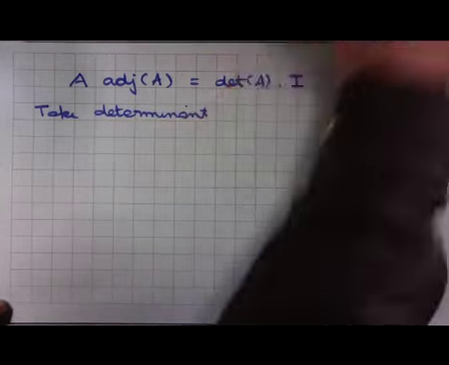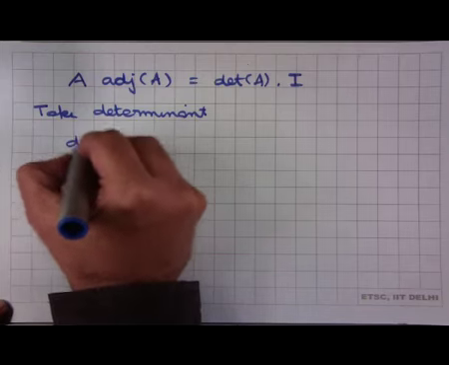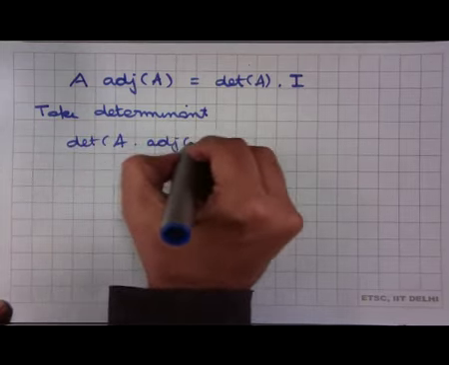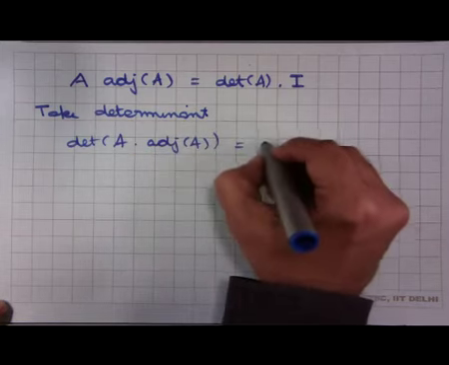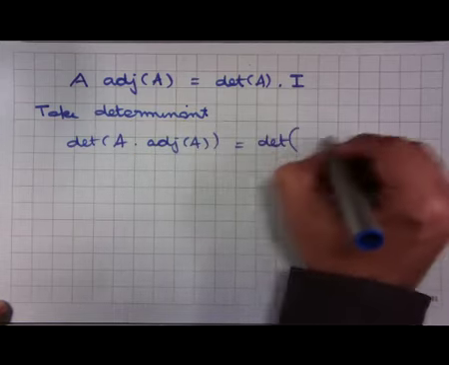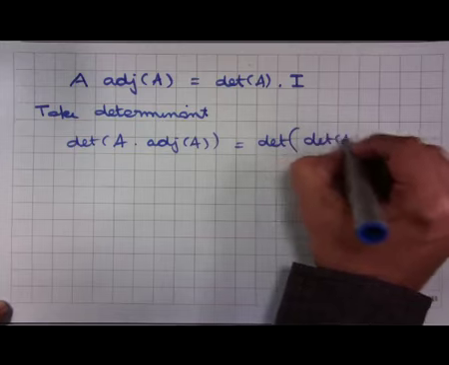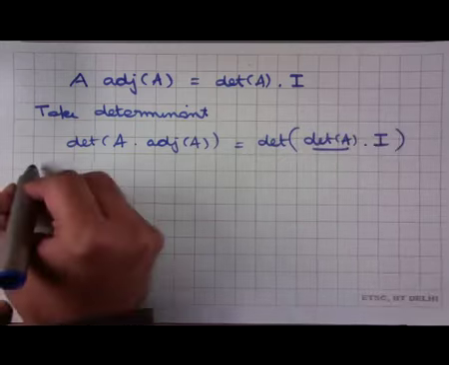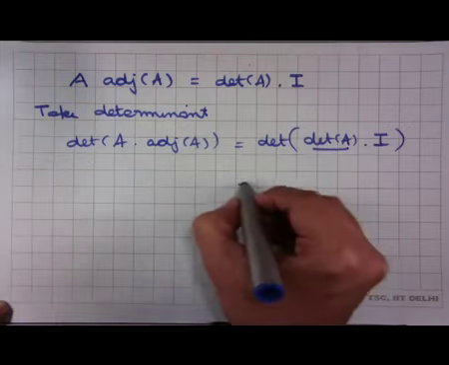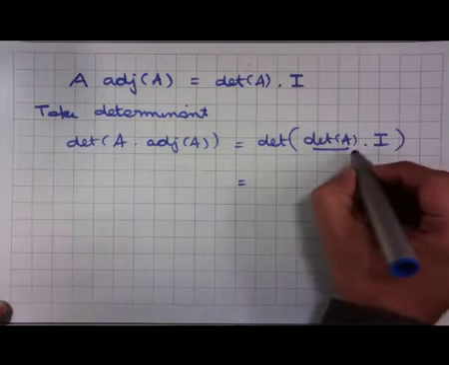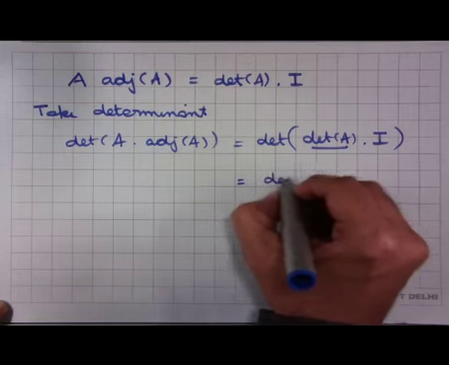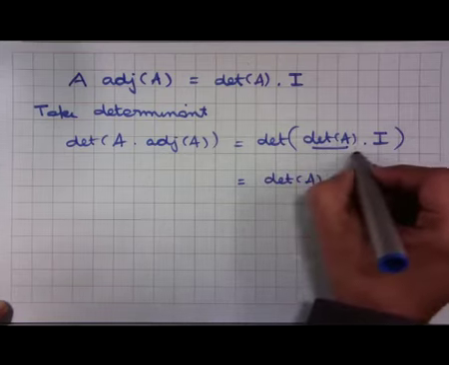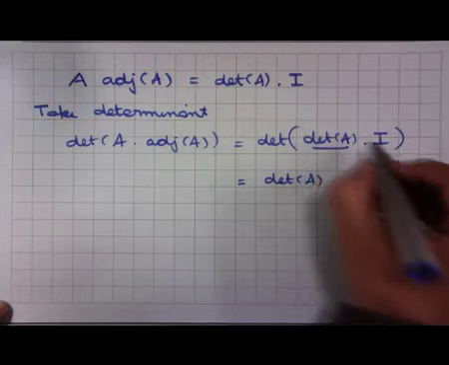The determinant of A times adjoint of A is going to be the determinant of A, which remember is just a scalar, times an identity. So, in the 3 by 3 case, the right hand side is just determinant of A cube, because this matrix is nothing but the diagonal matrix with the determinant of A in the diagonals 3 times.